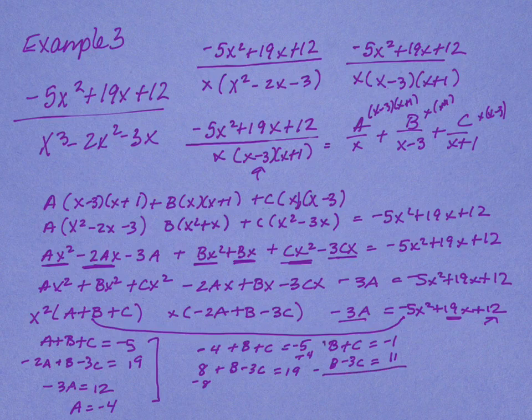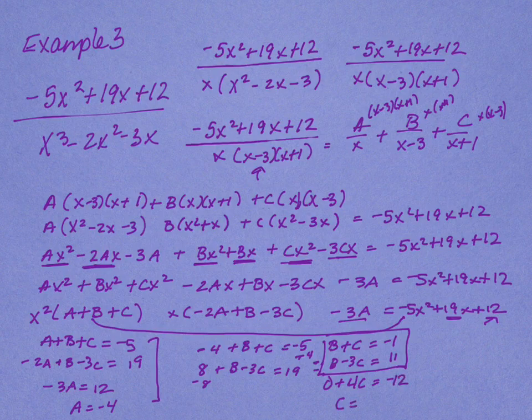All right, so here's my system right here, a 2 by 2 system. So let's just subtract. b minus b is 0. c minus negative 3c is plus 4c, equals negative 1 minus 11, which is negative 12.